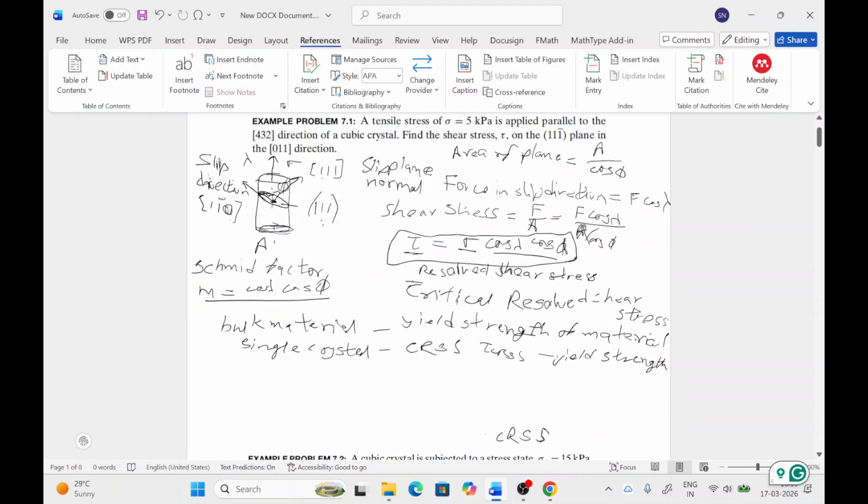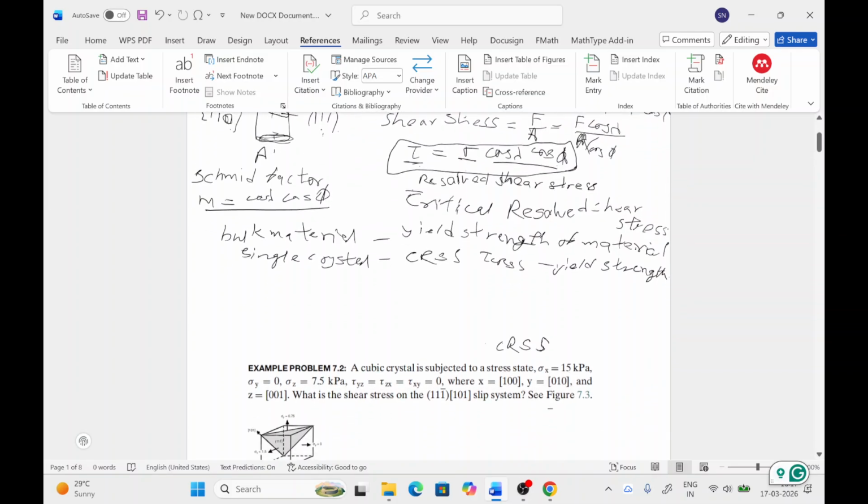So first we calculate the Schmidt factor for the loading axis with the slip plane and slip direction.